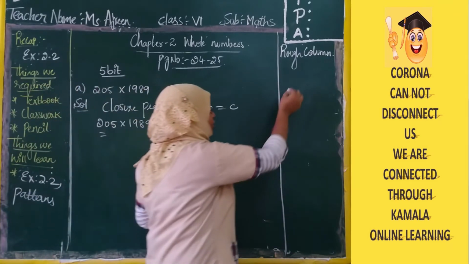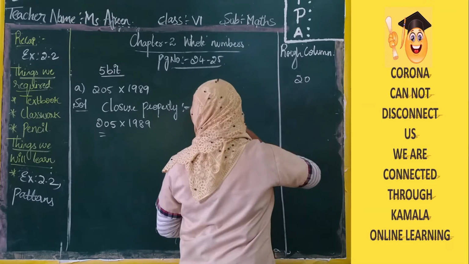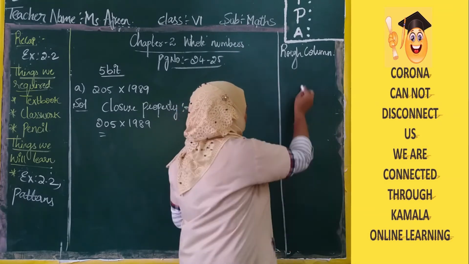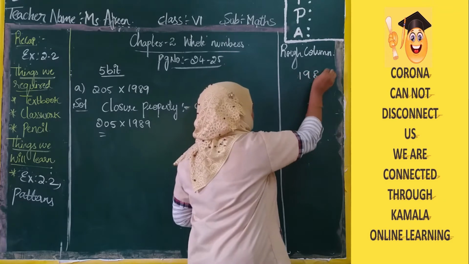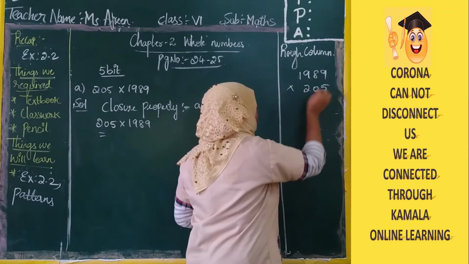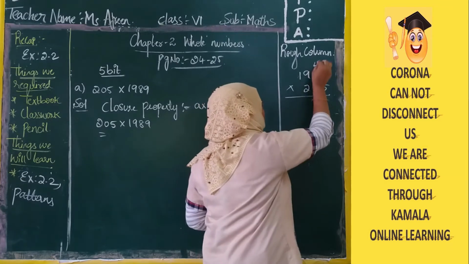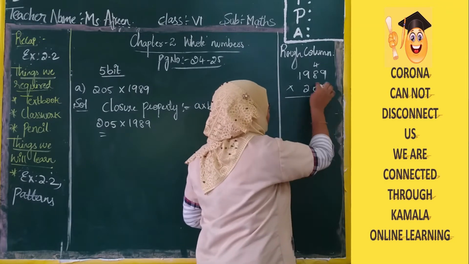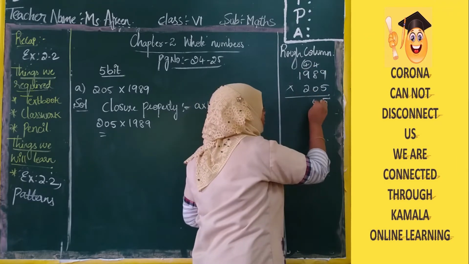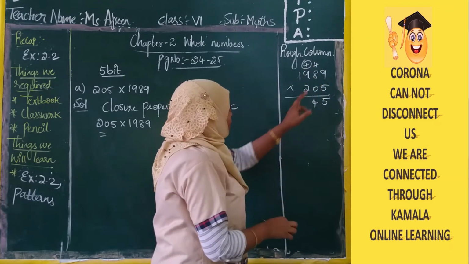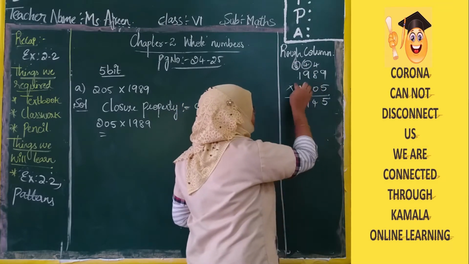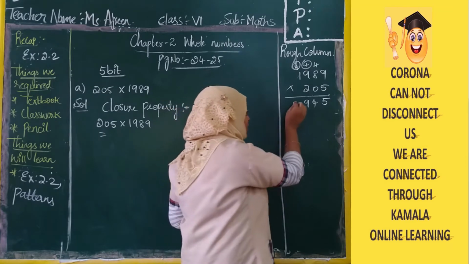Use your rough column to do this. 1989 into 205. So 5 nines are 45. 5 eights are 40 plus 4 is 44. 5 nines are 45, 45 plus 4 is 49. 5 ones are 5, 5 plus 4 is 9.